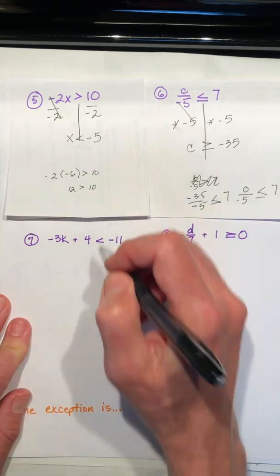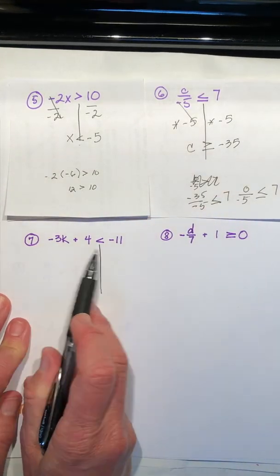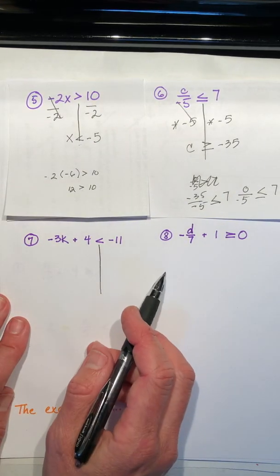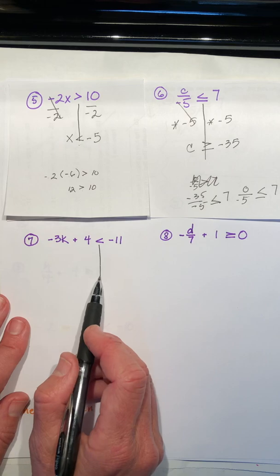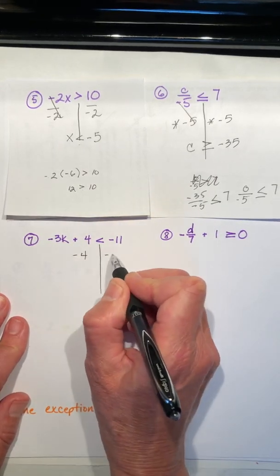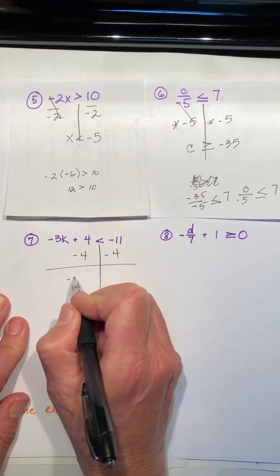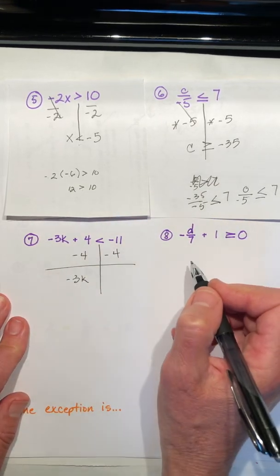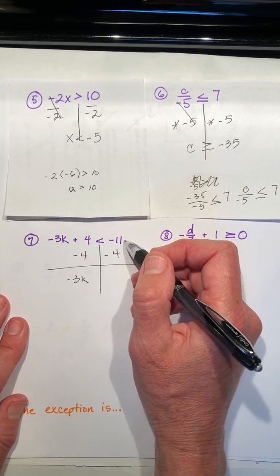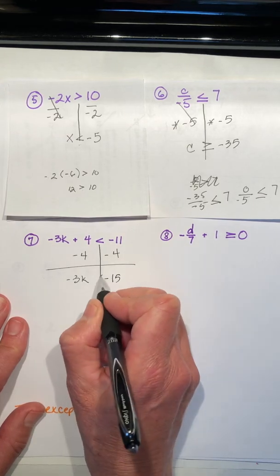All right, let's look at number 7 here. So this is a 2-step inequality, and we begin just like we would for an equation. So I drew my line down. I'm subtracting -4 from both sides. I'm left with -3k is -11 - 4, careful with your integers here, which is -15.